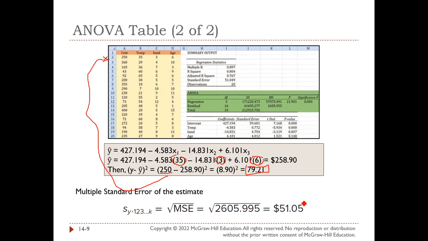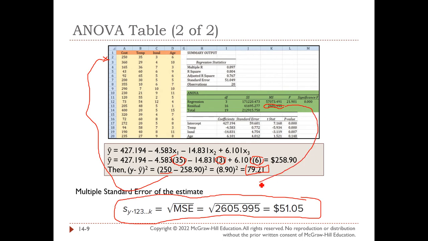Or we could just do this formula. Okay, the multiple standard error of estimate. Where we take right here. Whoa, now I went right through on the line. But basically, from the ANOVA, that line right there is the one that gets square rooted. Okay. So that's how we actually do this. Multiple standard error of estimate.